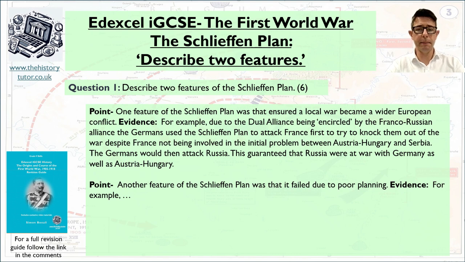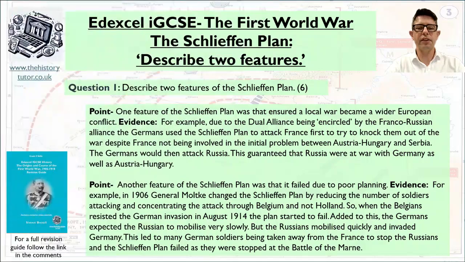So we talked about this in our plan. You've got notes in the revision guide. So pause me now, a couple of sentences, see if you can describe how there was poor planning that led to failure. Okay, so I said, for example, in 1906, General Moltke changed the Schlieffen Plan by reducing the number of soldiers attacking and concentrating the attack through Belgium and not Holland.